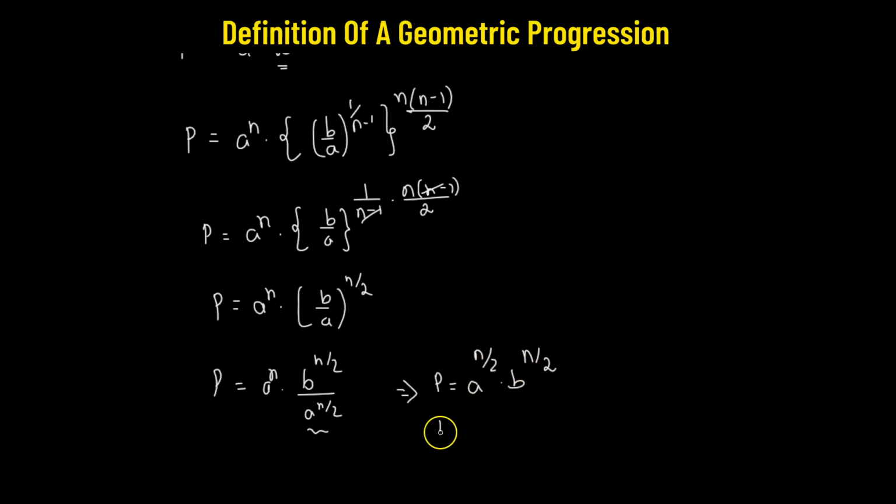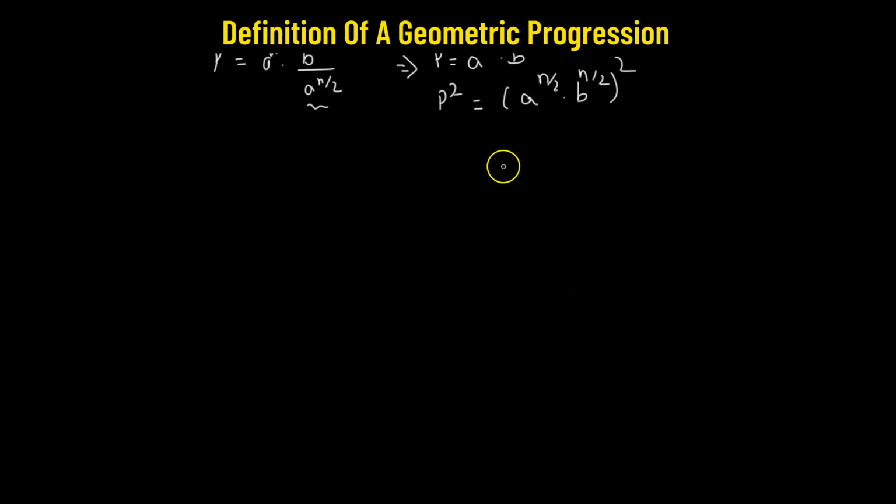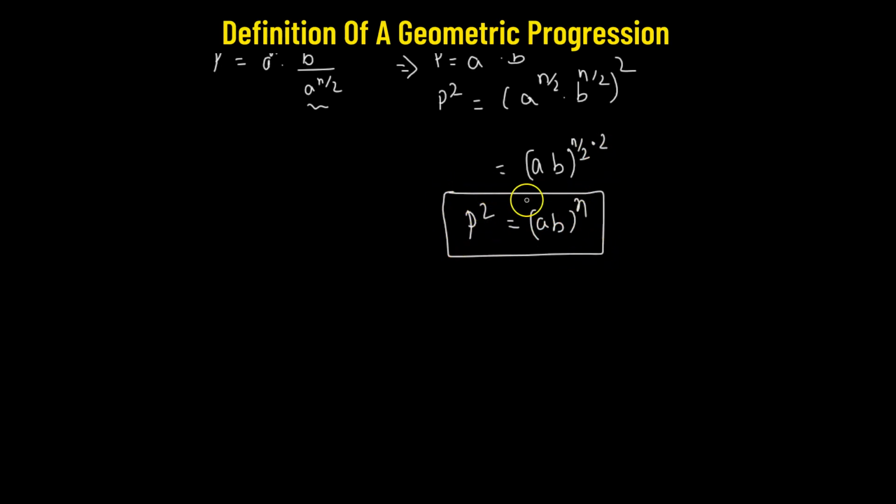Now when we square both sides, p squared equals a raised to the power of n over 2 times b raised to the power of n over 2, whole squared, which is simply equal to a times b raised to the power of n over 2 multiplied by 2. What that means is simply ab raised to the power of n. So p squared equals ab raised to the power of n, and this is what we needed to show, hence proved.